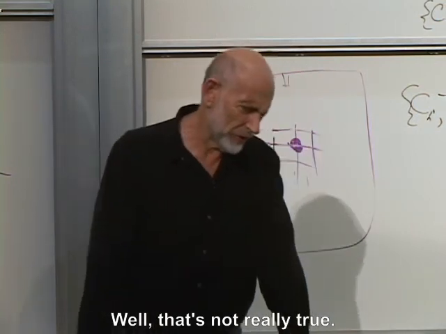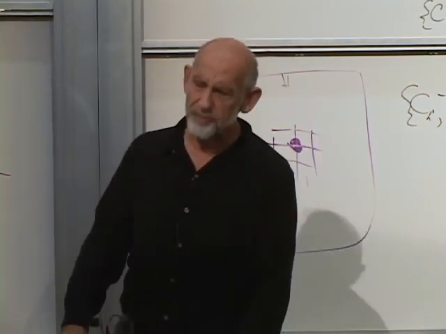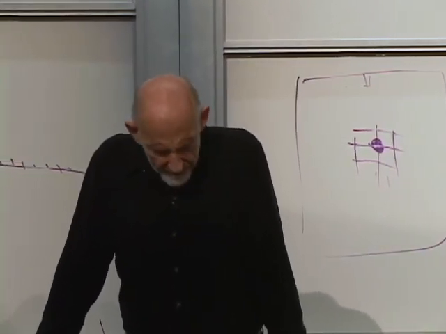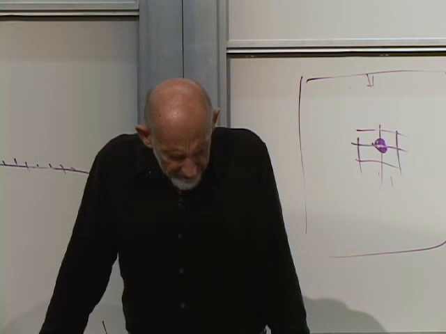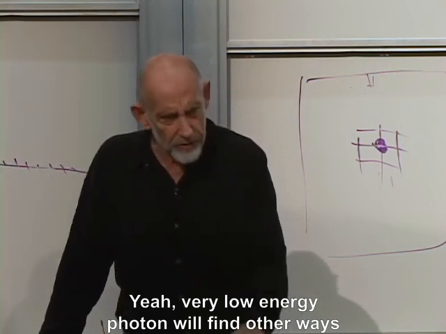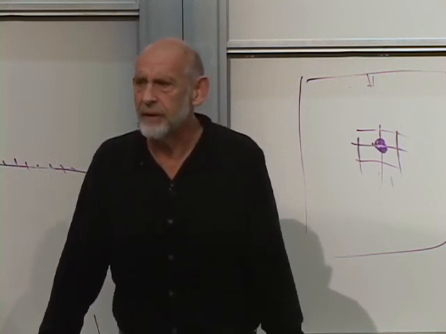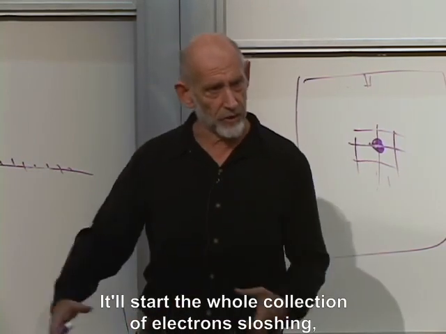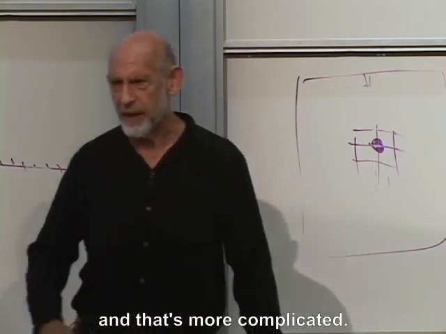Well, that's not really true. A very low energy photon will find other ways to interact. Like, it'll set a whole collection of electrons sloshing, and that's more complicated.